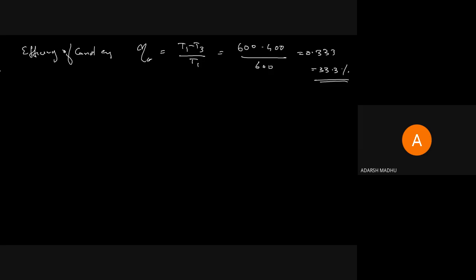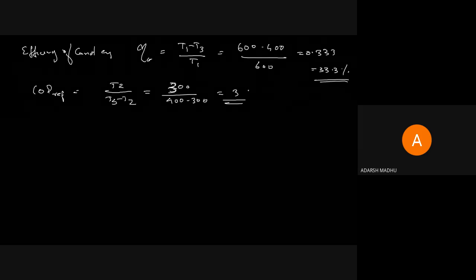And COP of the refrigerator is T2 by T3 minus T2, that is 300 divided by 400 minus 300, that is 300 by 100, 3.